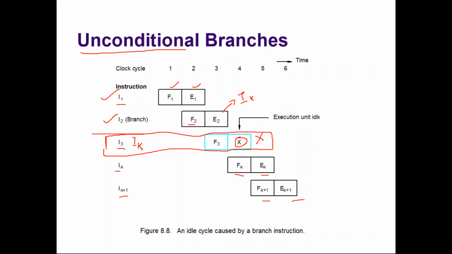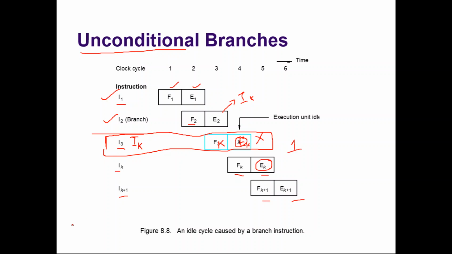Let us not go into that. If you know that, then instead of I3, if IK is fetched here, then IK would be executed here. In that case, instruction K would have been completed at the 4th clock cycle, right? But now instruction K has completed only at the 5th clock cycle.